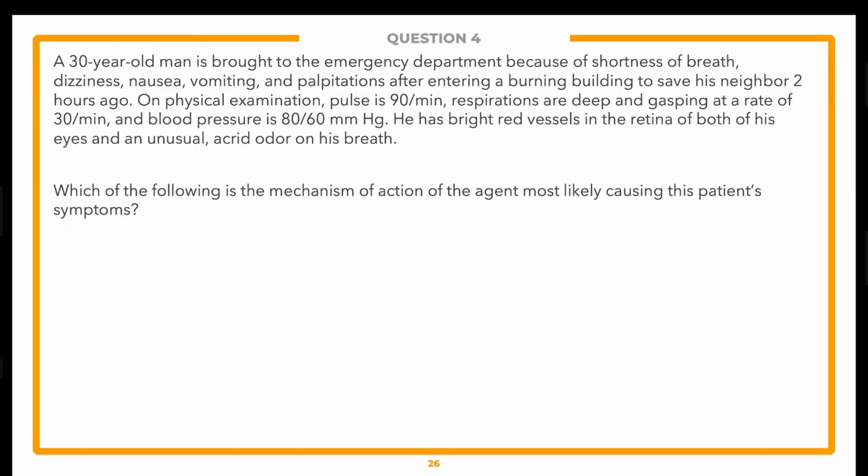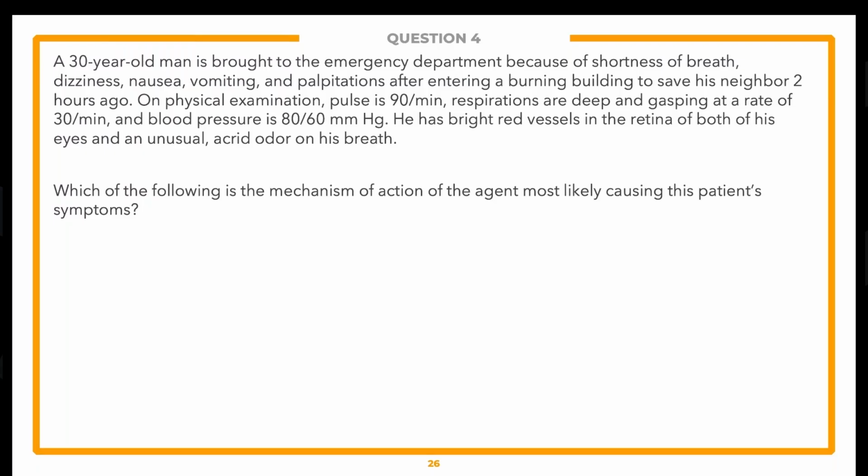So with that, let's go ahead and read the vignette. A 30-year-old man is brought to the emergency department because of shortness of breath, dizziness, nausea, vomiting, and palpitations after entering a burning building to save his neighbor 2 hours ago. On physical examination, pulse is 90, respirations are deep and gasping at a rate of 30 a minute, and blood pressure is 80/60.